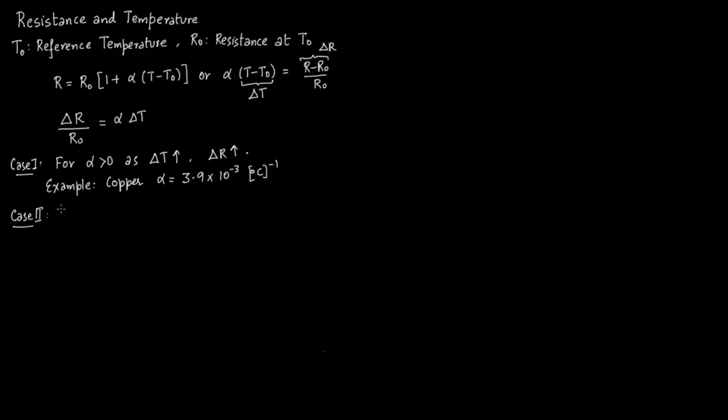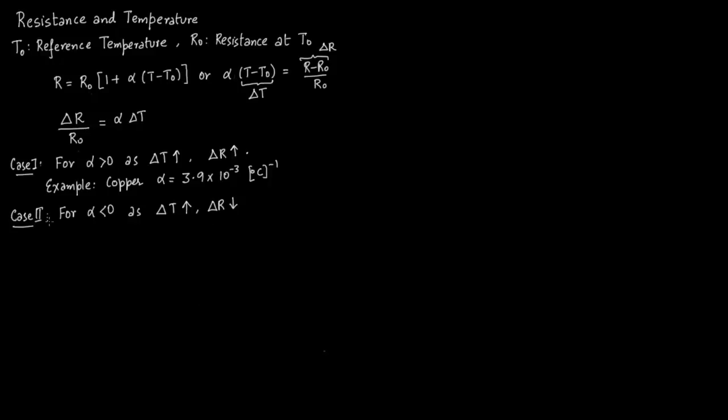Case 2 is when alpha is less than 0. This is true for semiconductors. If alpha is less than 0, that is, alpha is negative, then as delta T increases, so delta T is positive, delta R has to be negative, because the right hand side is negative, so the left hand side also has to be negative.